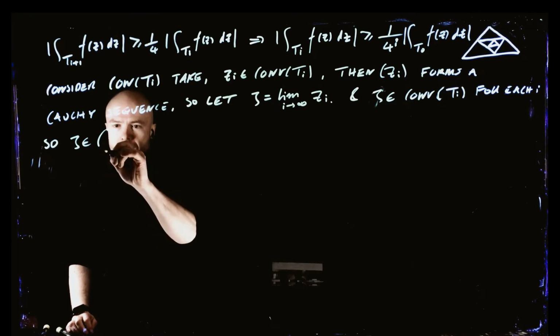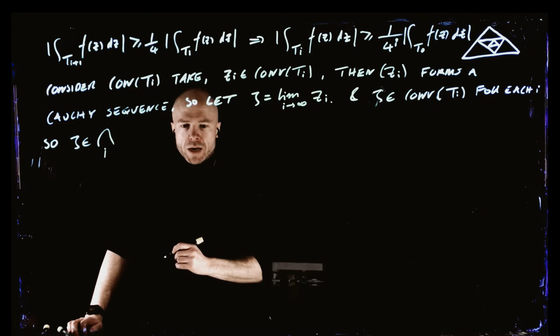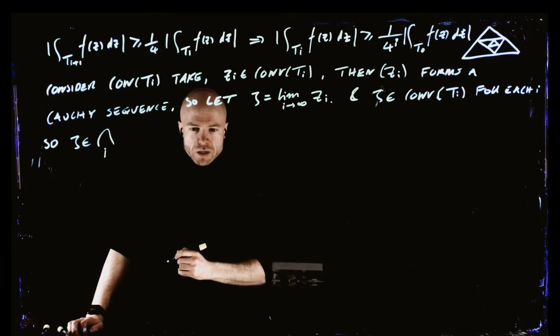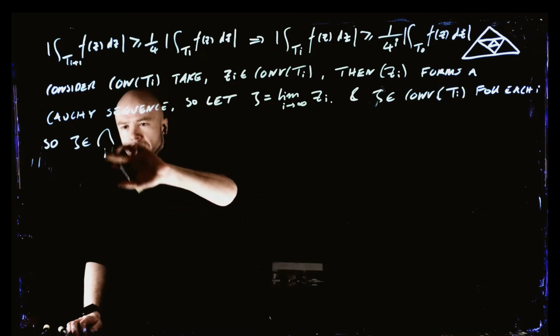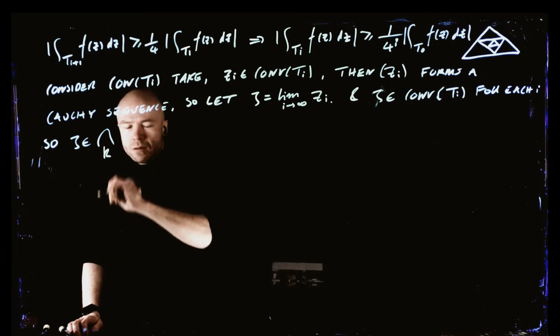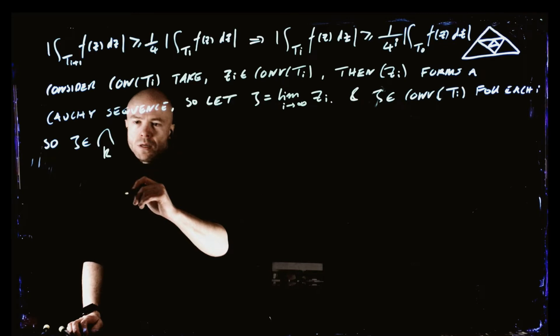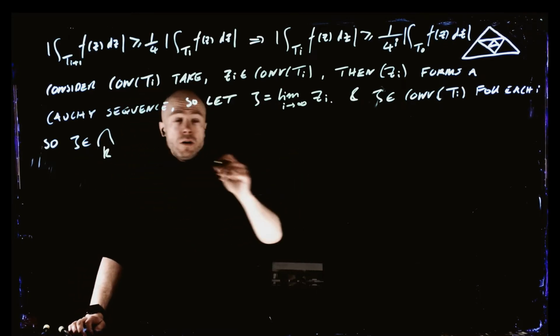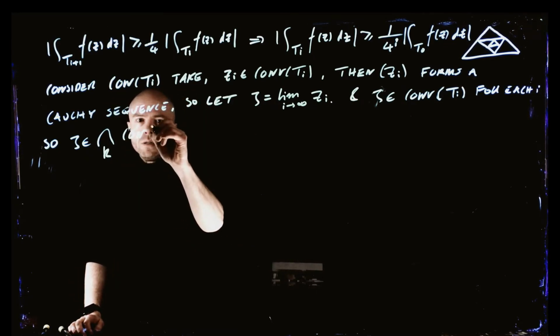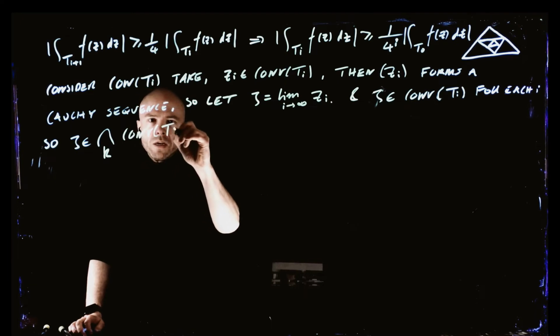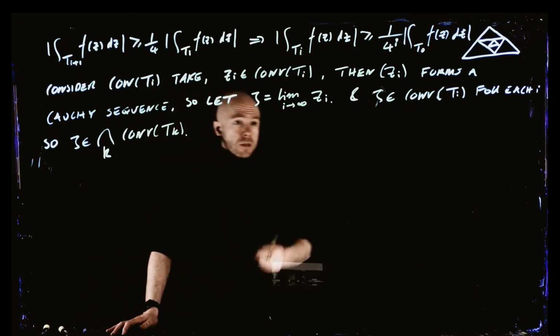I'm wondering if i is a good letter for you. Is i okay, or would you rather something else? Can you see i? I can use k, for example. Let me change to k, because I feel like this might be better. Is this better? Yeah. So this guy is in the intersection of all of these guys, the convex hull of the Tk. Cool.